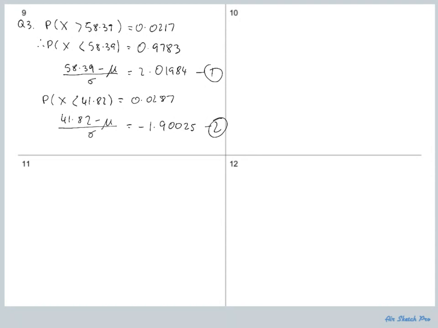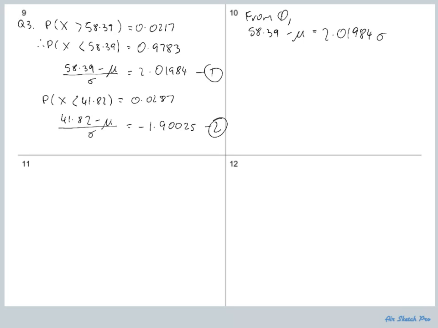Okay, so you do need to manipulate it a bit. Okay, so that was the question I had. So sorry guys to lead you a bit astray there. So from 1, just a slight bit of manipulation here. So we're going to have 58.39 minus mu is equal to 2.01984 sigma.